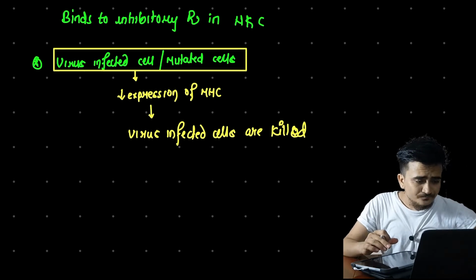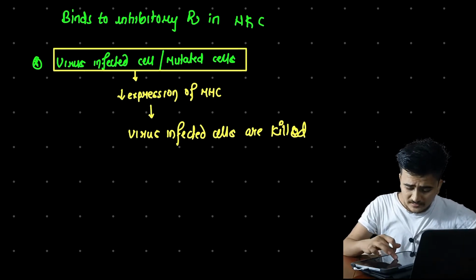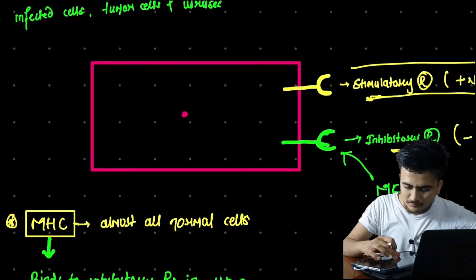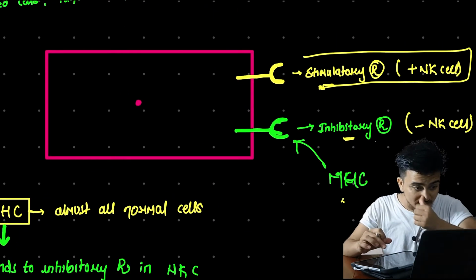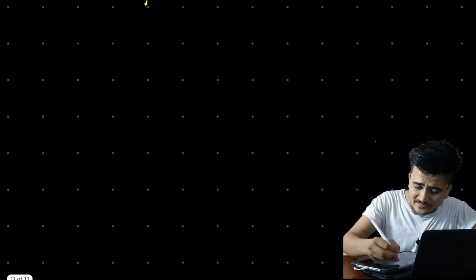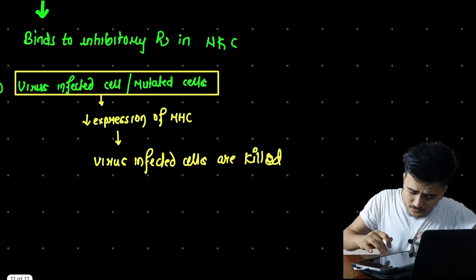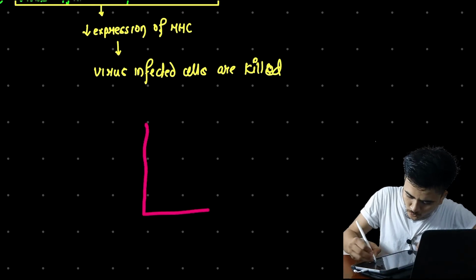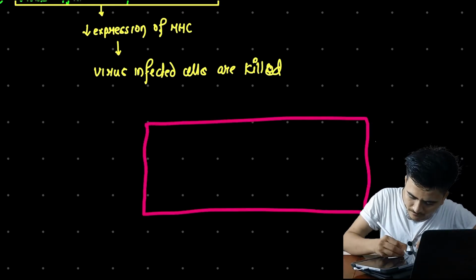Now we will mention some other important things. Let's draw another diagram of an NK cell. I'll take pink color and draw one NK cell.